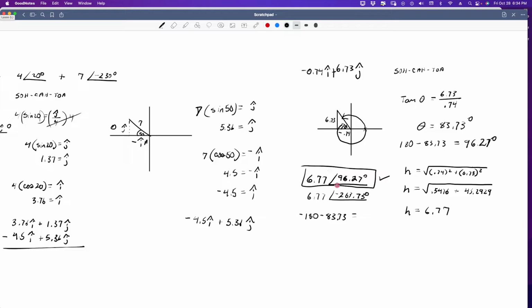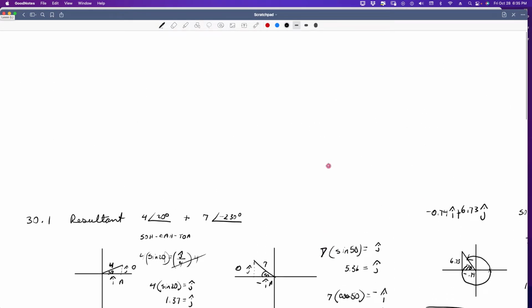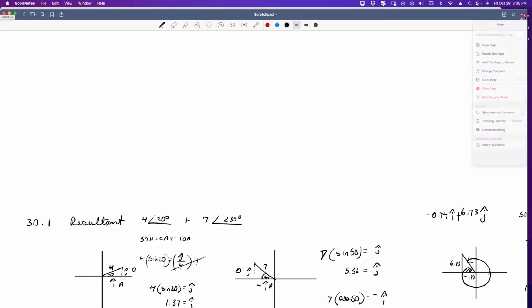Alrighty then, let's do example 30.2, and it's going to ask us to find the equilibrant of that resultant. So we have two forces, and the forces that we have here are in pounds.